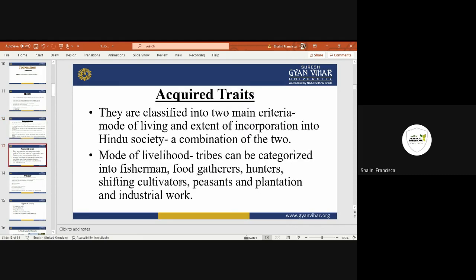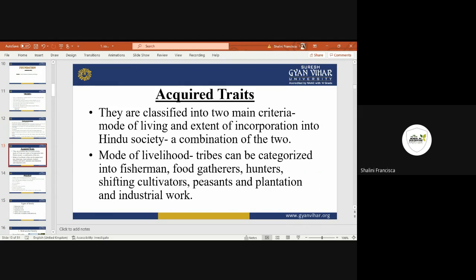Then the second point that we were talking about, the traits, were the acquired traits. What does acquired mean, I have already explained: adopting or taking something from people who already have something great, taking some rituals or livelihood patterns for living.